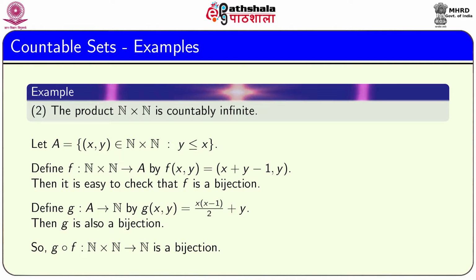Now, define g from A to N by g(x, y) is equal to x times (x minus 1) by 2 plus y, then g will be a bijection. Now, taking the composite g composed with f from N cross N to N, we get the desired bijection, proving N cross N is countably infinite.